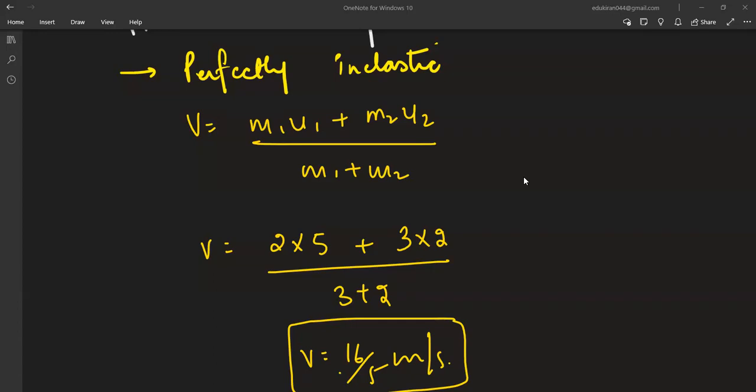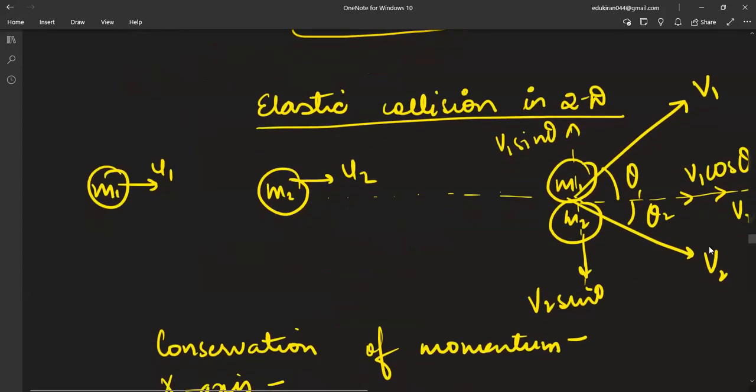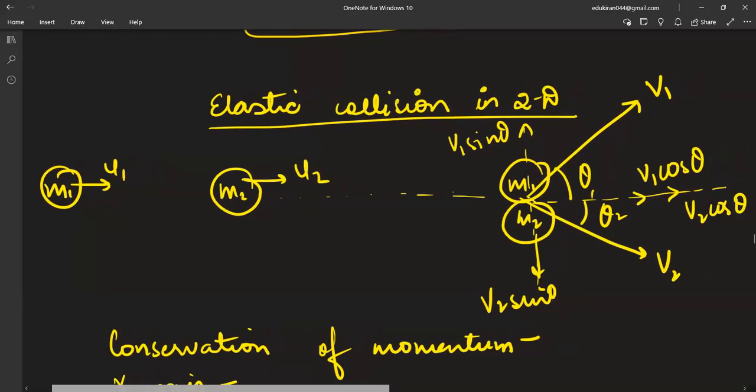Let's start. One more thing was left in the last class, which I was telling you: elastic collision in 2 dimensions. I told you the same thing last class, that in elastic collision, velocities will be resolved.